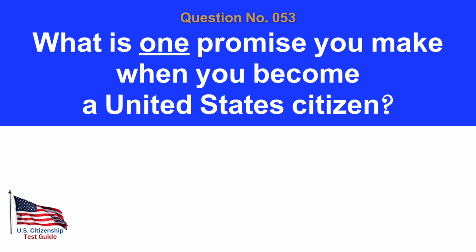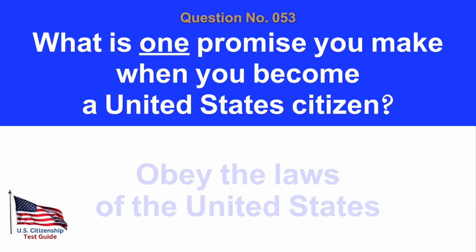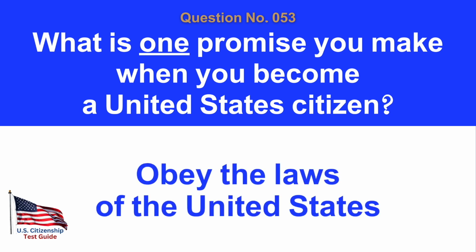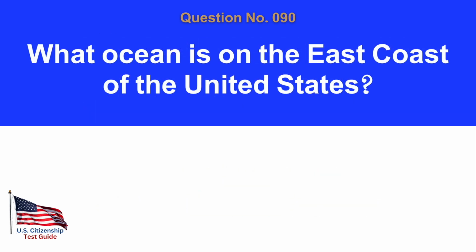What is one promise you make when you become a United States citizen? Obey the laws of the United States. What ocean is on the east coast of the United States?